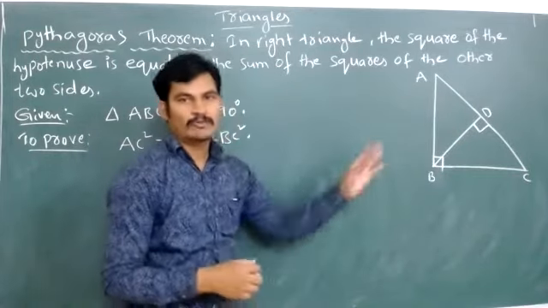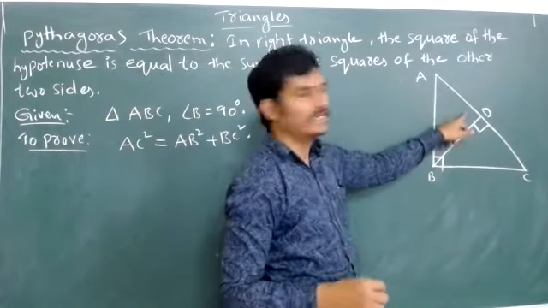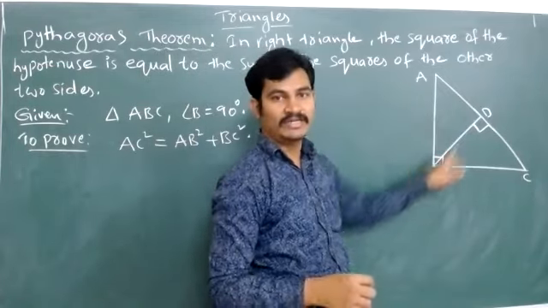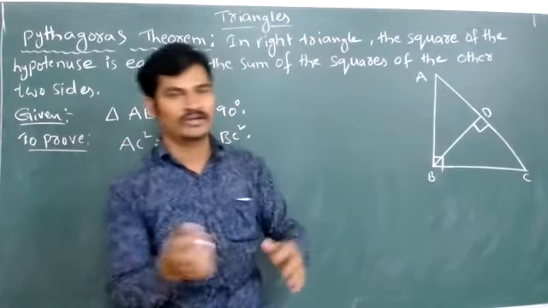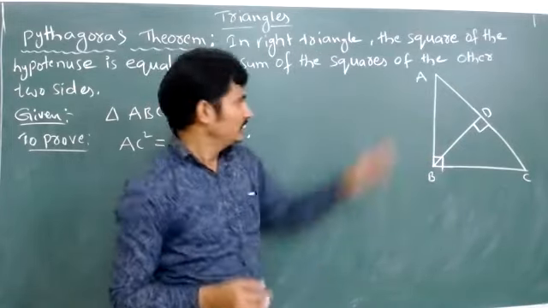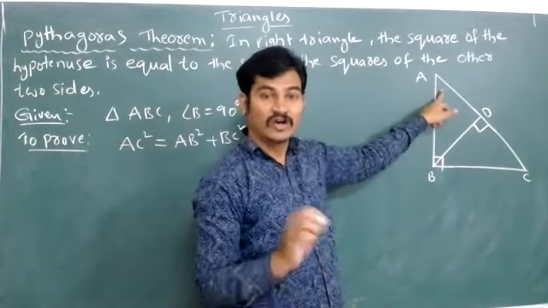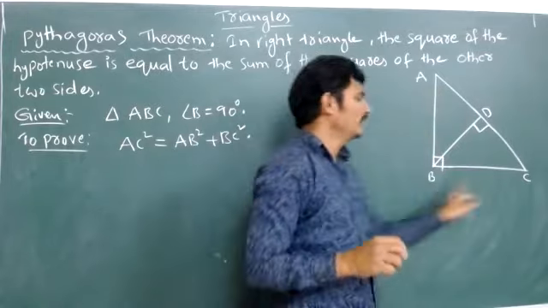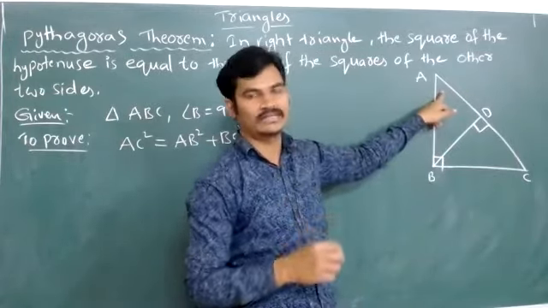First, let us check whether triangle ABD and triangle ABC have any relation. In triangle ABD, angle A is common for triangle ABC also. This angle is common for both the triangles.